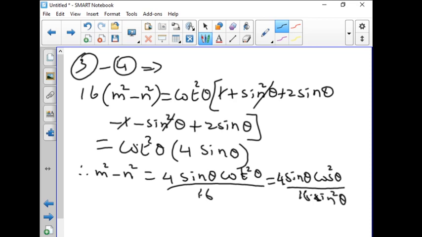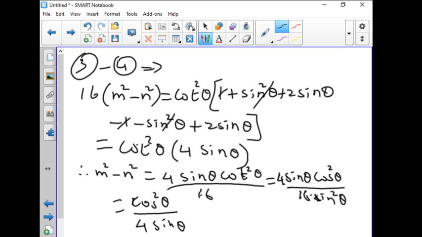The 4 gets cancelled, and sine theta gets cancelled. So cos square theta by 4 sine theta.